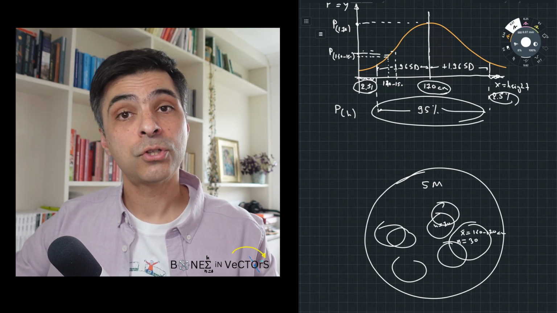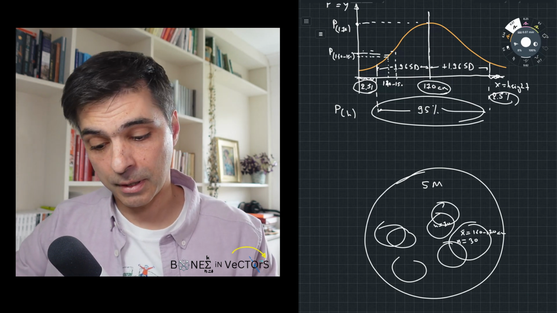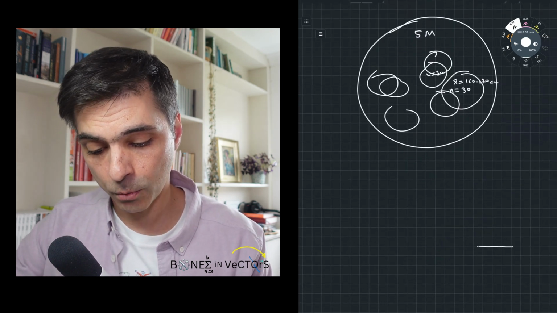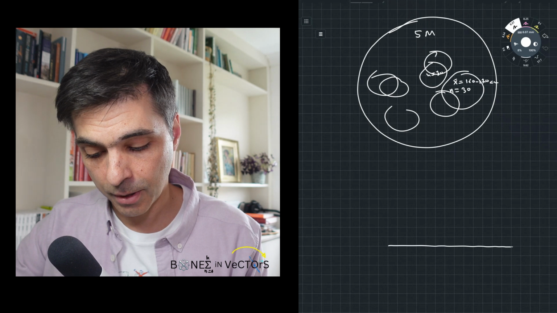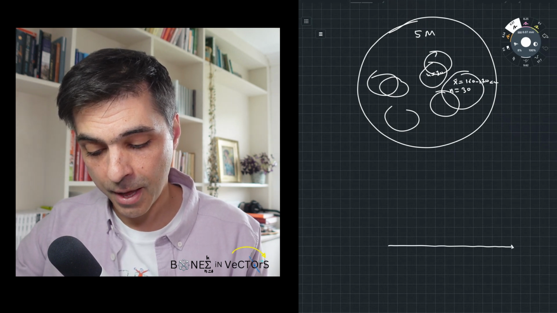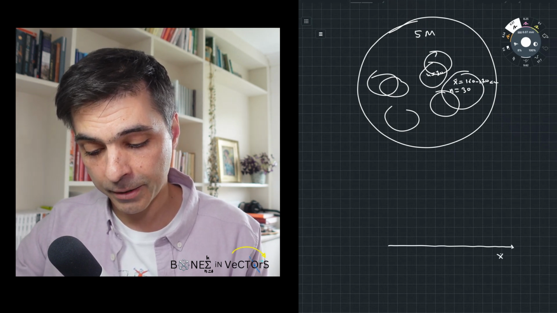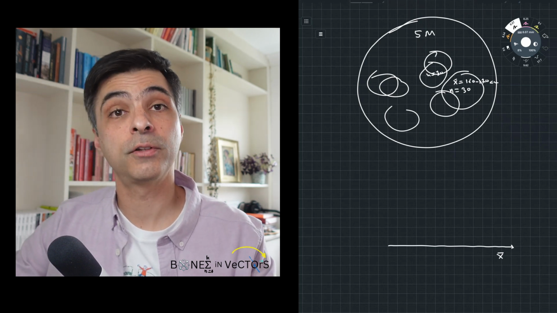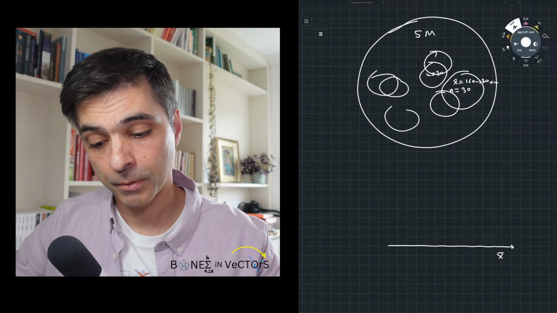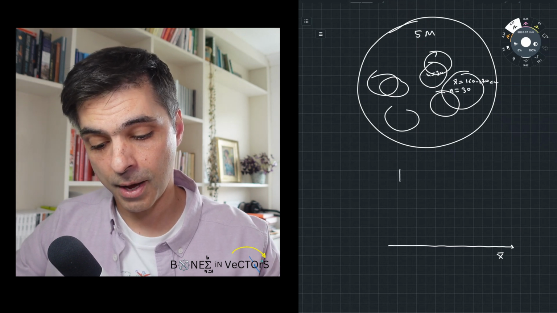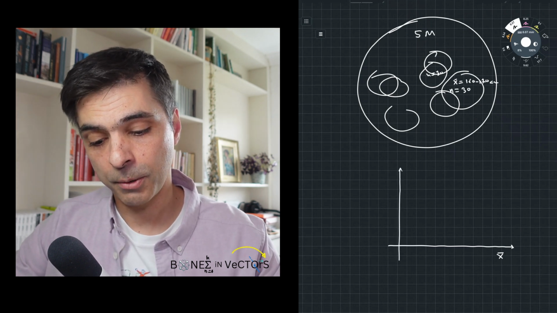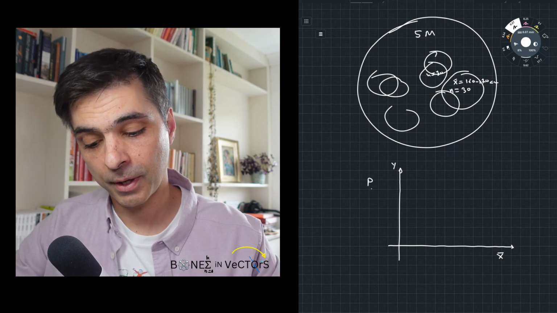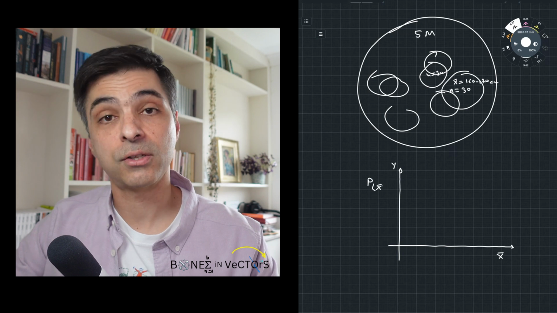And how would such a graph look? Let's draw this graph. So now the x-axis represents the mean heights of our samples, not the heights of individual people. And the y-axis represents, again, the probability that we find such a mean value.